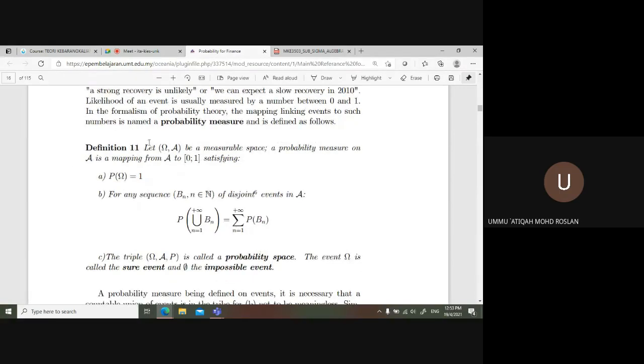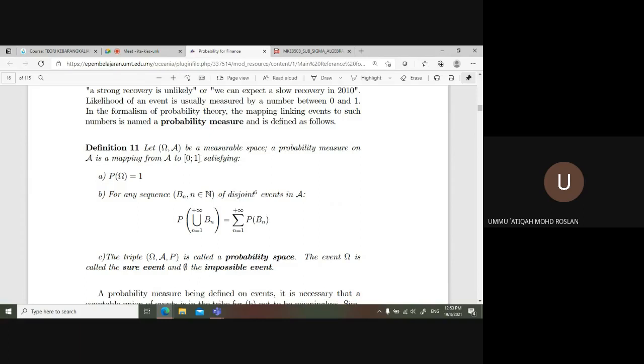Let omega and the sigma algebra A be a measurable space. Then a probability measure on A is a mapping from A to the interval [0, 1].